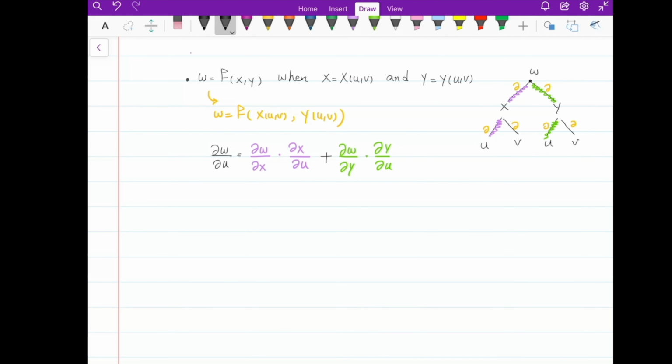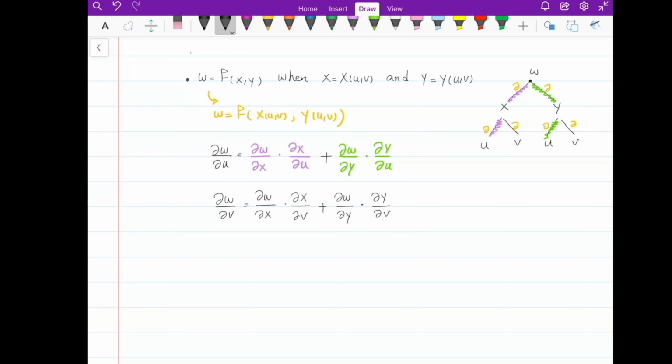The same is true for taking the derivative of w with respect to the other variable v. So dw/dv would be partial of w with respect to x, derivative of x with respect to v, plus partial of w with respect to y, derivative of y with respect to v.